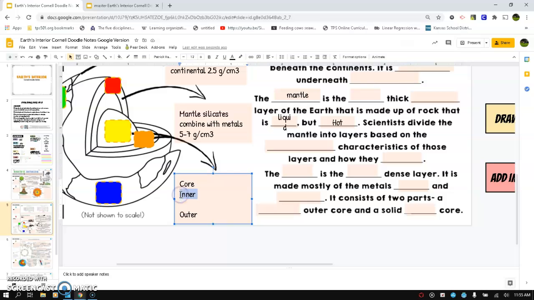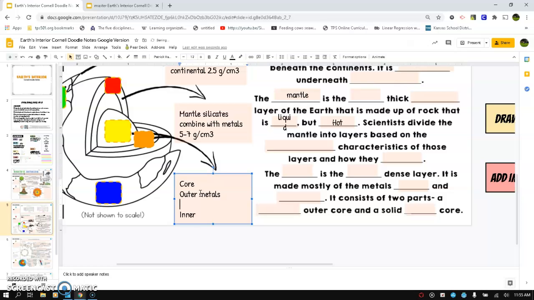Now we have 2 parts of the core. I'm going to switch this around and I'm going to put outer first. And then I'm going to put inner. Okay? Because I'm just going to go from the crust on the way down. So the outer core is actually the closest to the mantle, and it is mainly made of metals, superheated. Okay, so its density, I'll talk about that here in just a second.